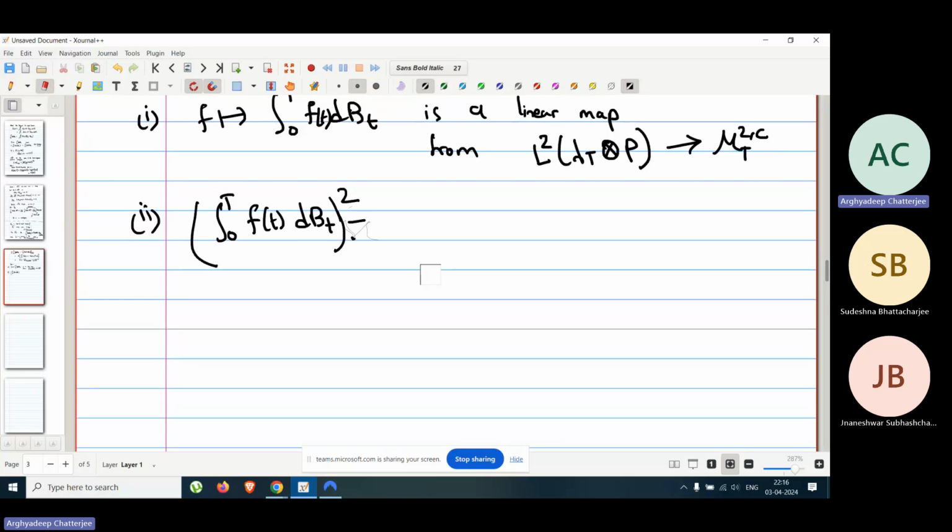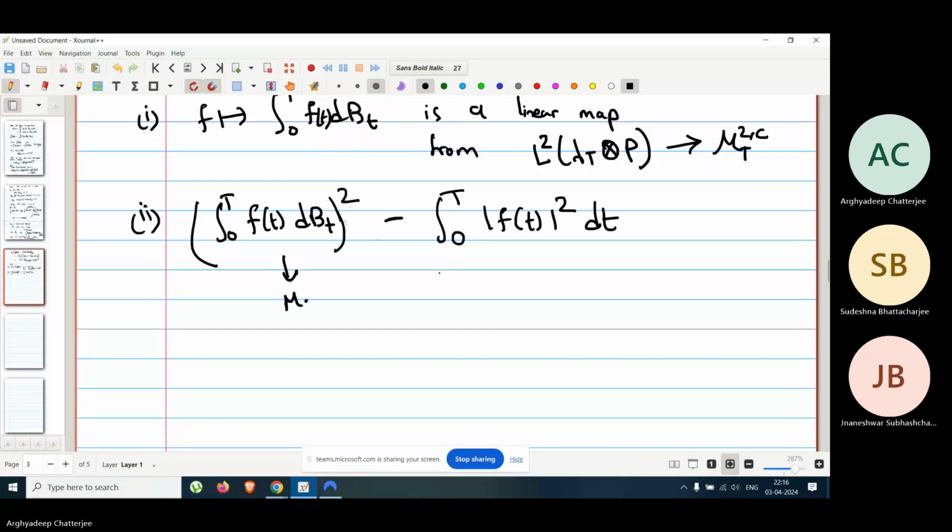If we take the square, minus the integral from 0 to t of f squared dt, since this is a martingale, the second term is its quadratic variation, an increasing process. Yes, this is the increasing process.